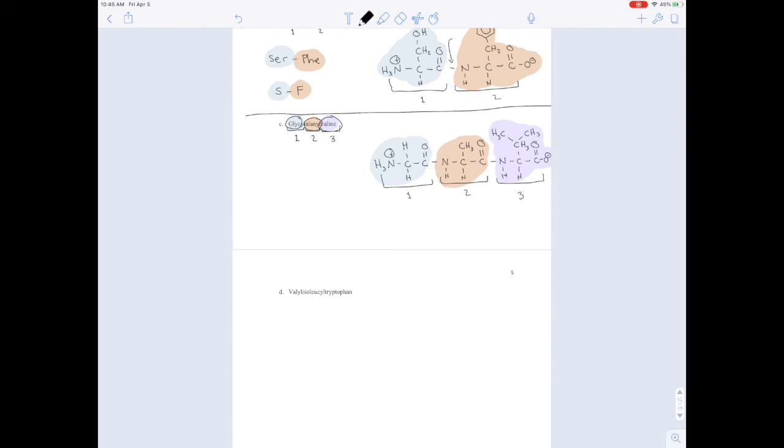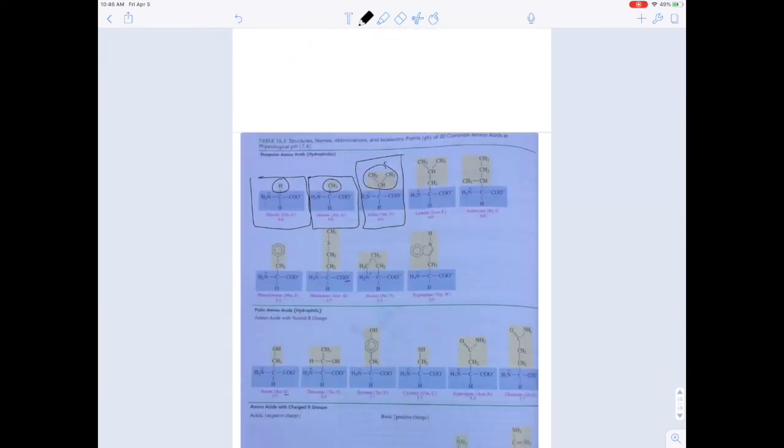That's the tripeptide there. The question is also asking for the 3-letter and 1-letter abbreviations. And so for glycine, the 3-letter abbreviation is GLY.